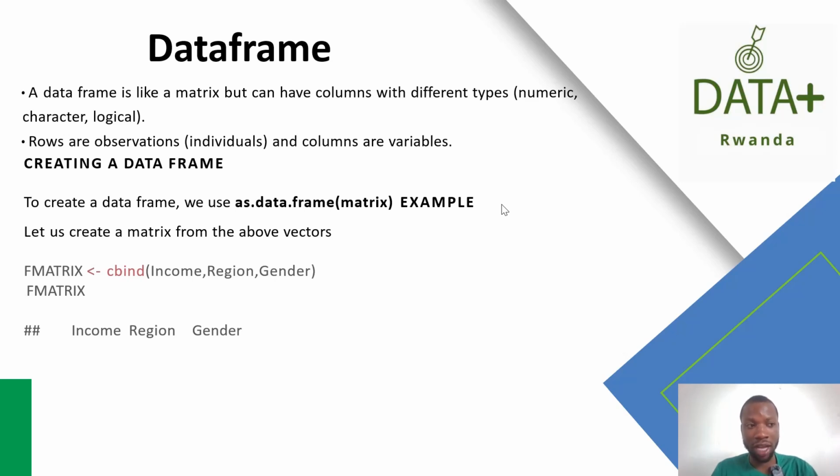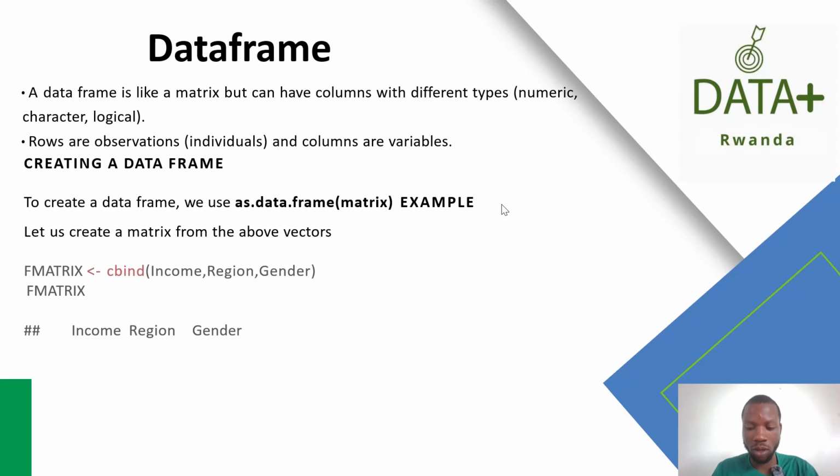You can use as.data.frame to transform, and a function to check whether what you have is a data frame. To create a data frame, we use the function called data.frame, and then you put in the observations that you need.